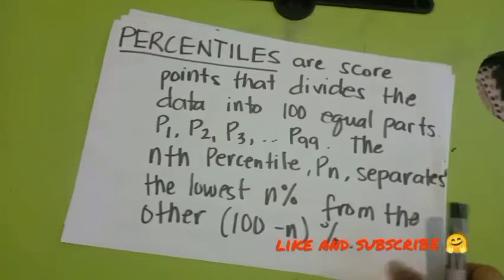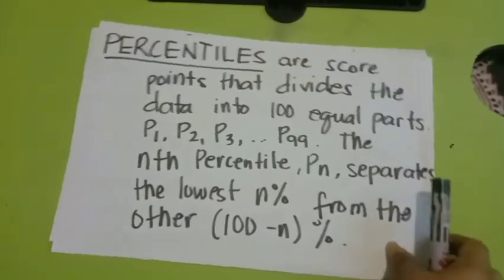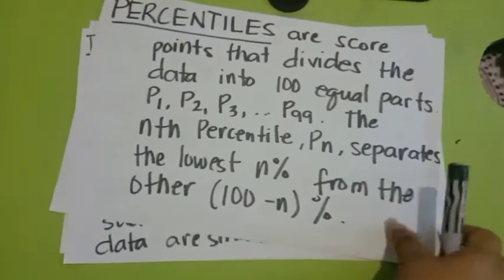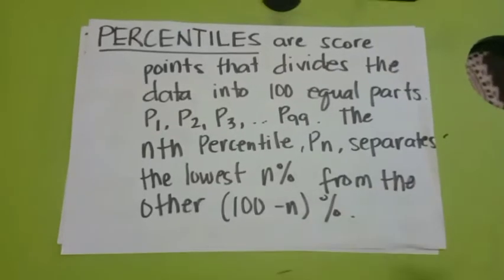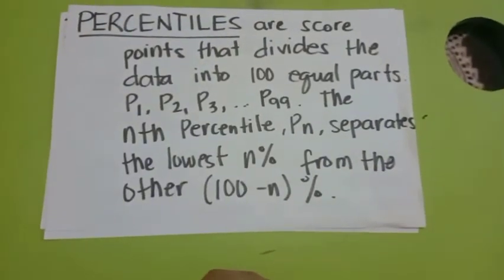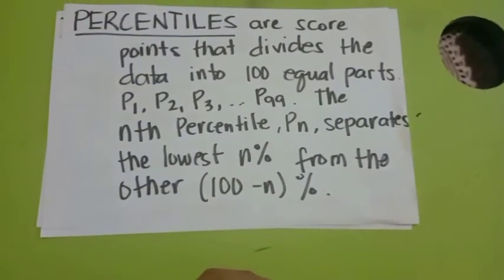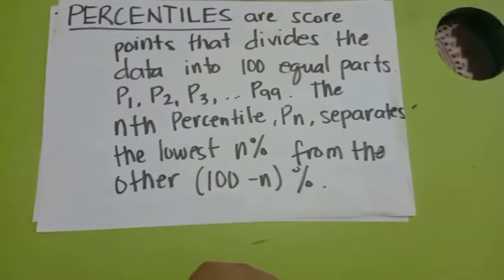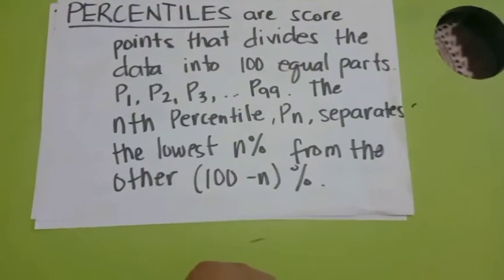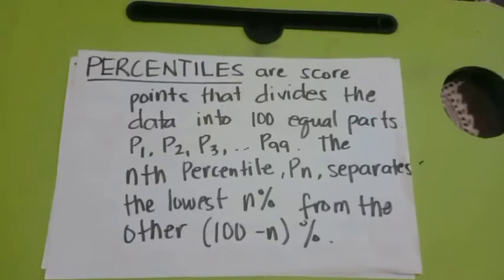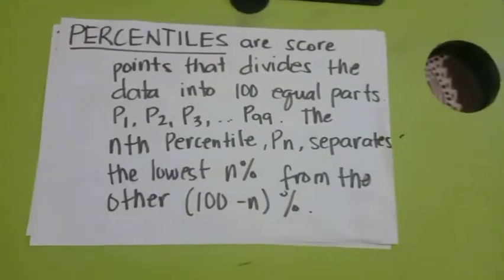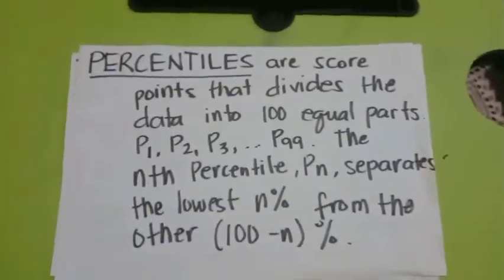So, for today's lesson, we're going to study how to solve for the percentile. Previously, sa mga nauna nating video, diniscuss natin how to solve for quartiles and deciles for ungrouped data. This time, we're going to discuss how to solve for percentiles for ungrouped data.